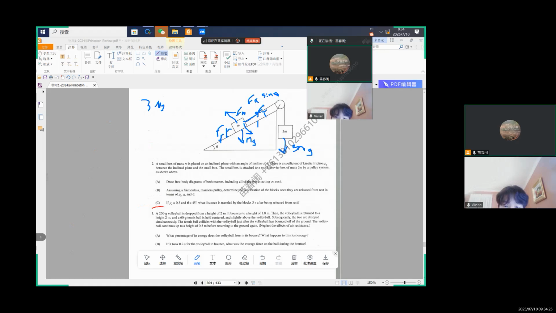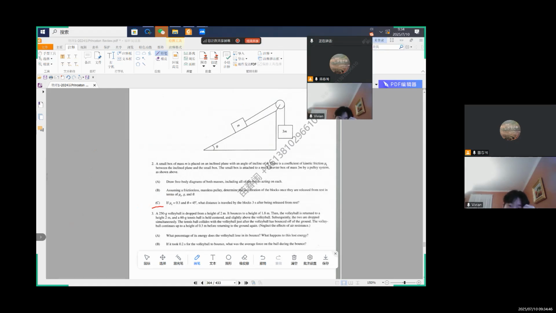How about C? What is the distance traveled by the block 3 seconds after being released from rest? Wait, so then, oh, and also one thing, there is another thing I have to mention about B. In B you also have to be very familiar with this.